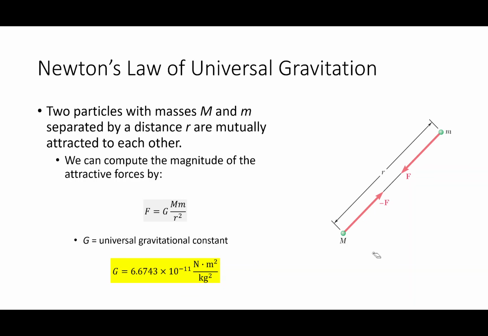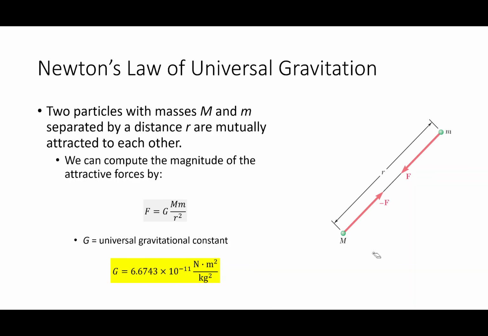And that attractive force is proportional to the product of those masses divided by the distance squared, okay? So what we say is that attractive force equals big M times little m over r squared times this term G. And this term G is that constant of proportionality in our known universe. We call it the universal gravitational constant.